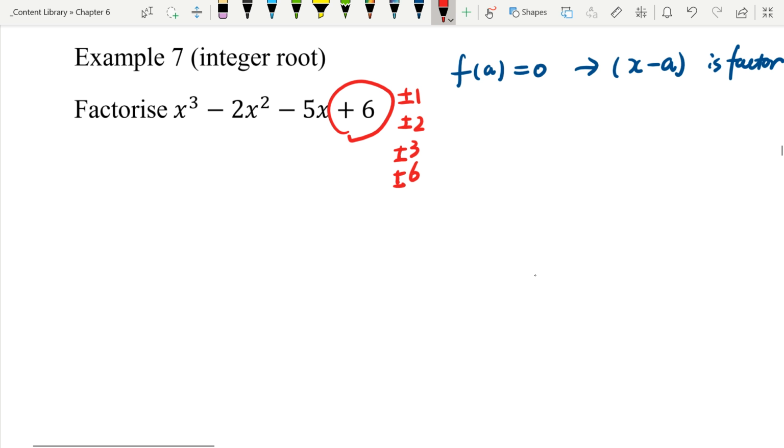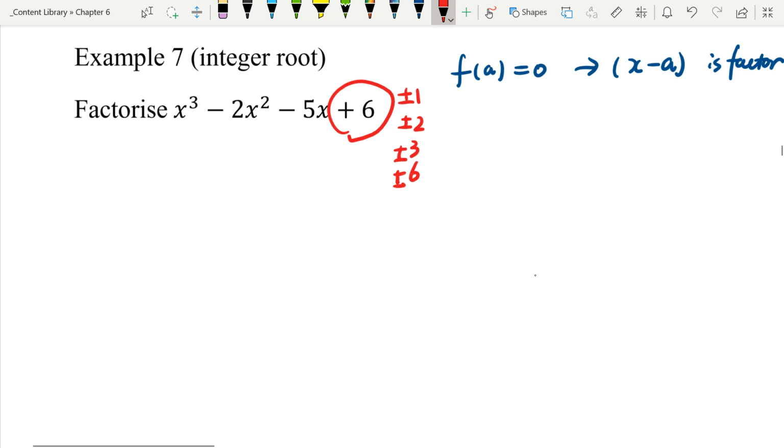We're not going to try something else. We're not going to try 7. We're not going to try 5, because 5 won't work. So for an integer root, you can only try the factors of the constant: plus minus 1, plus minus 2, plus minus 3, and plus minus 6.